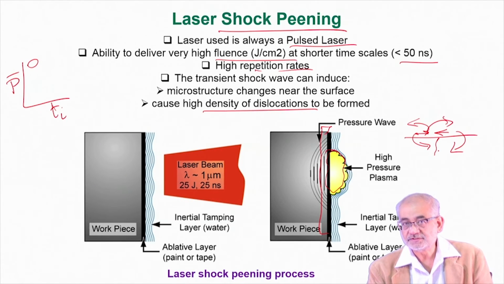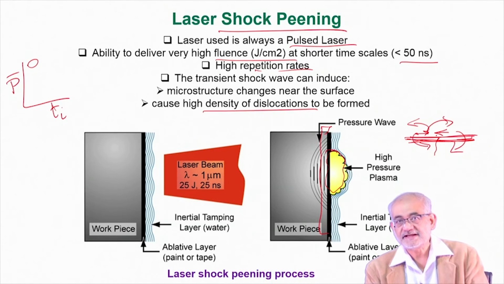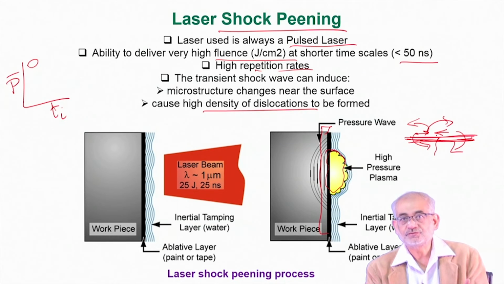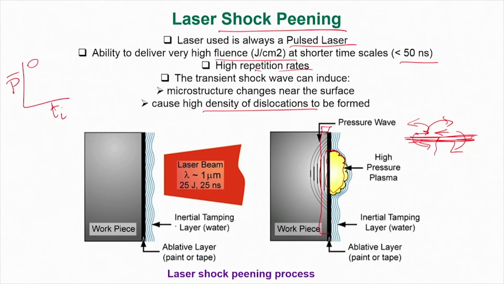So under normal circumstances, when you create such high residual compressive stress in the near surface region, it acts to prevent crack formation or crack propagation, and that helps the component acquire higher resistance to wear, fatigue, or any amount of mechanical damage to the surface. And this is done by laser in a very precise manner.